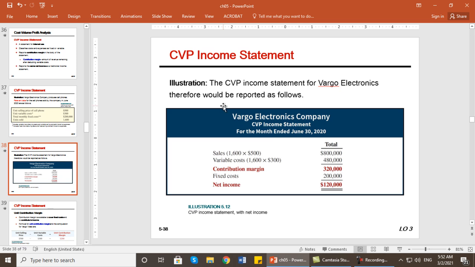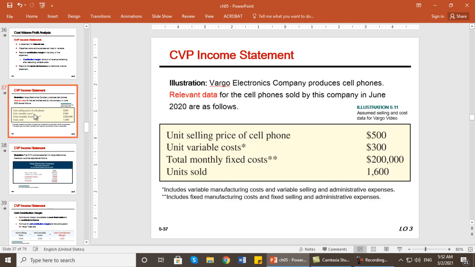Now, the cost value profit income statement for the month ended June 30, 2020 will be as you see. Sales revenue: selling price 500, unit variable cost 300.